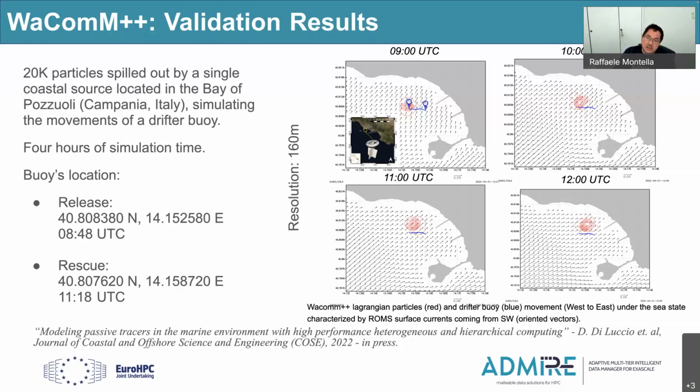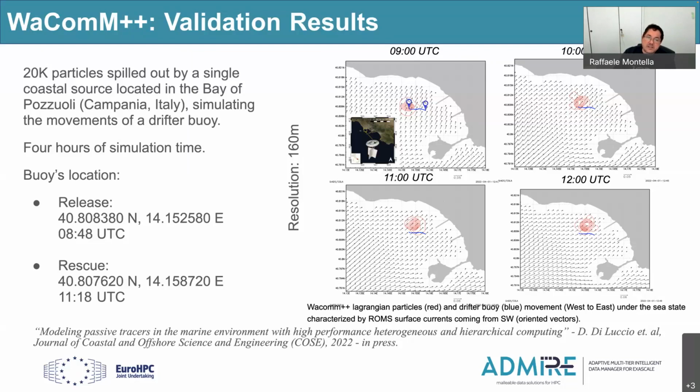And this floater was released during the sampling campaign of another project, a completely independent project, but we have data about this floater, and we ran the simulation in exactly the same situation, basically the same date with the same current in the same place.